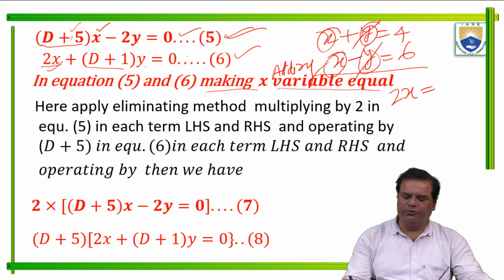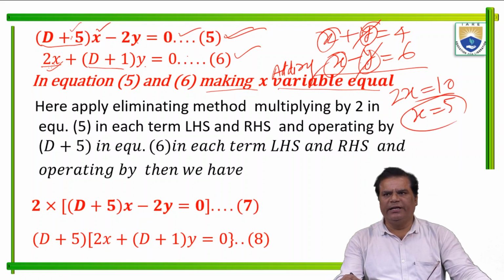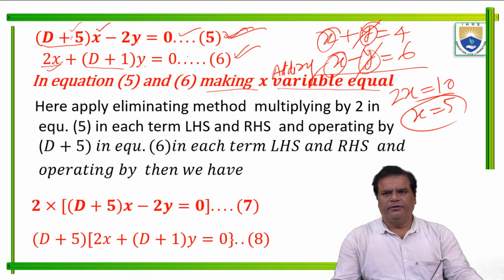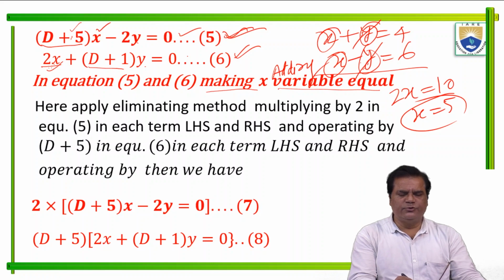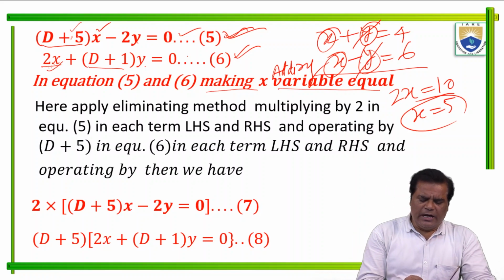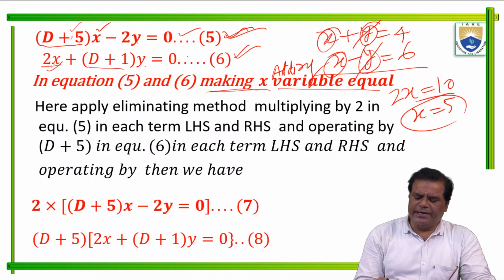Then 2x equal to 10 and x equal to 5. Similarly, this formula applies in equations 5 and 6: any one term should be equal. So in equations 5 and 6, we make the x variable equal.